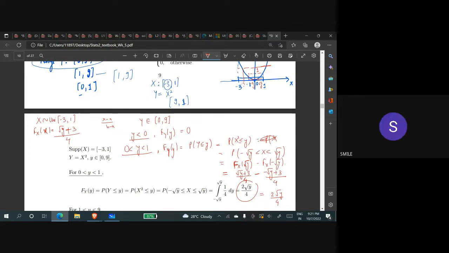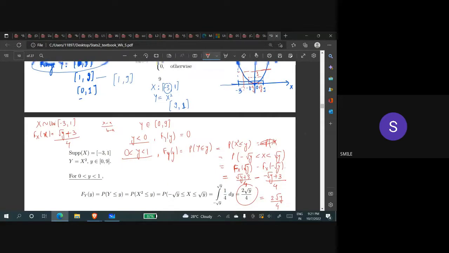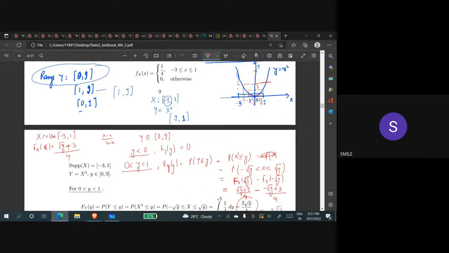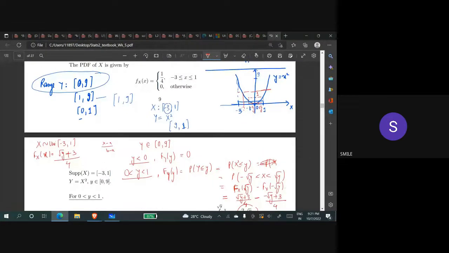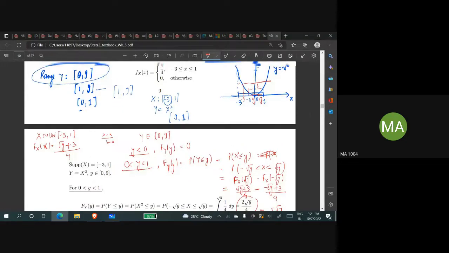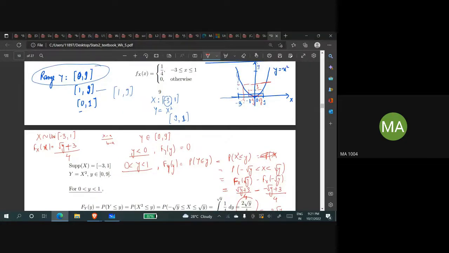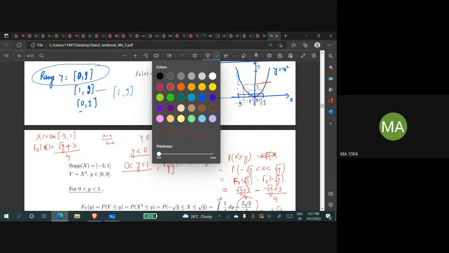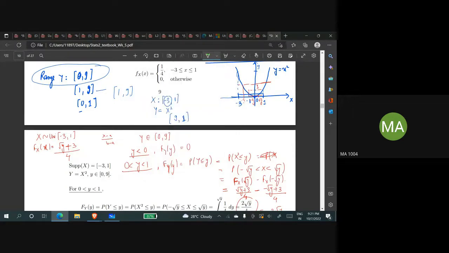So if we want to use this expression, we can solve it accordingly. Why did we take it from 0 to 1? Let's say I am defining it for y from 0 to 9.